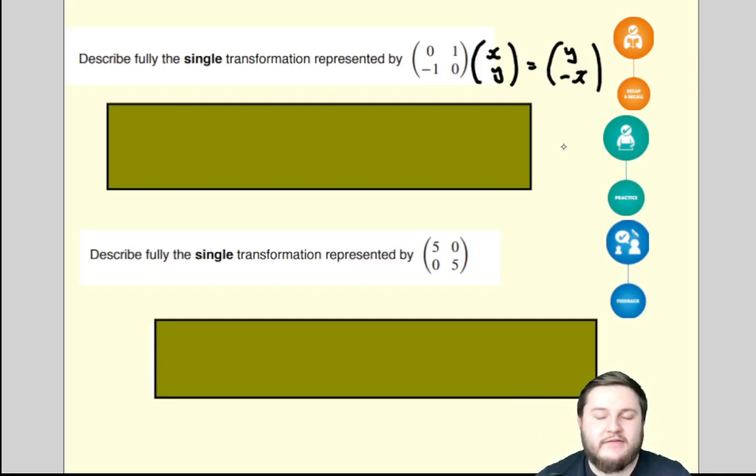So think back to our unit square then. The x coordinate and y coordinate change, so it's on the other side, but now the y coordinate is negative. I'll give you a quick pause to have a think about what transformation that is going to be, and if you have your flashcards you might know.